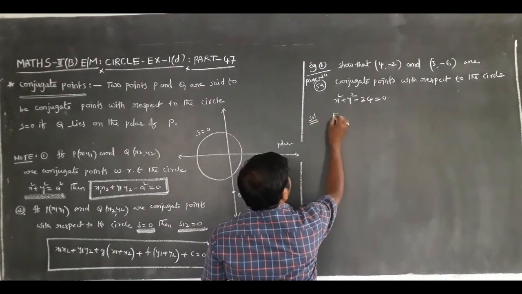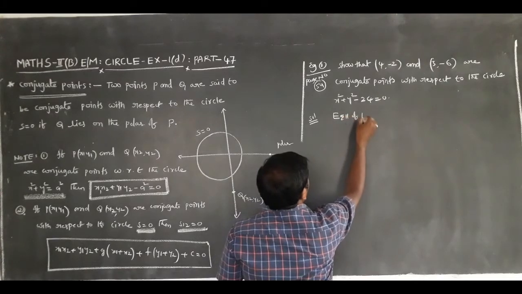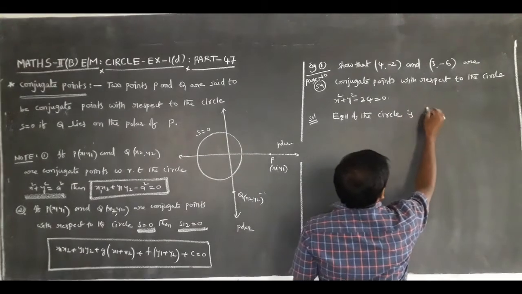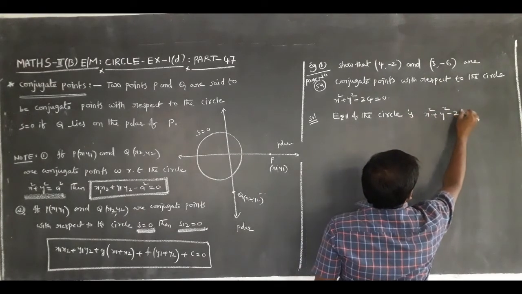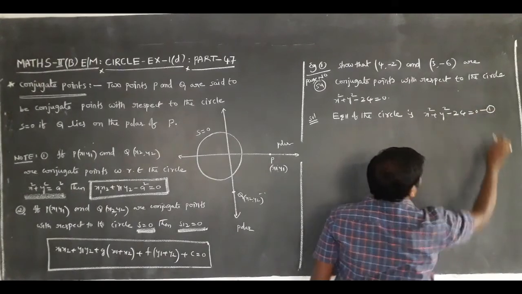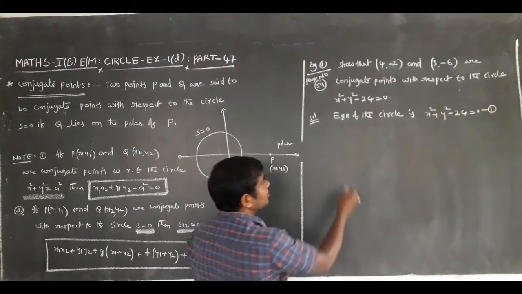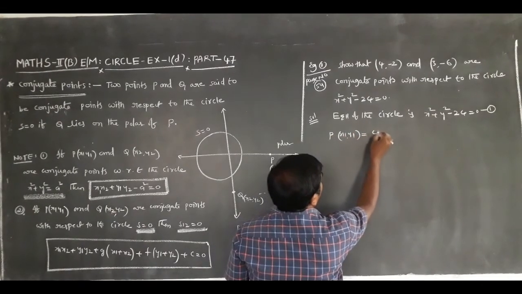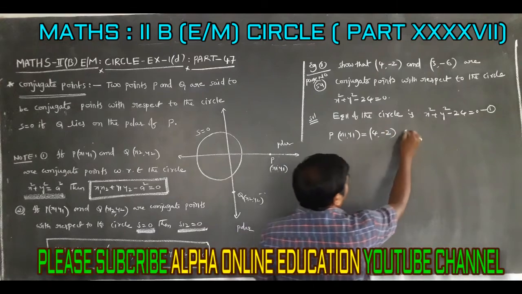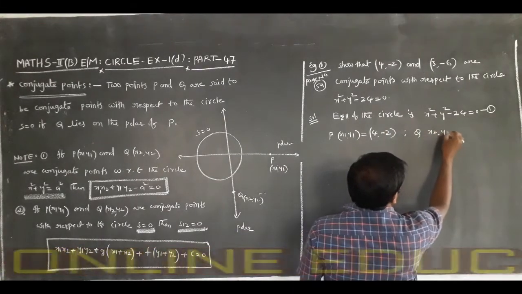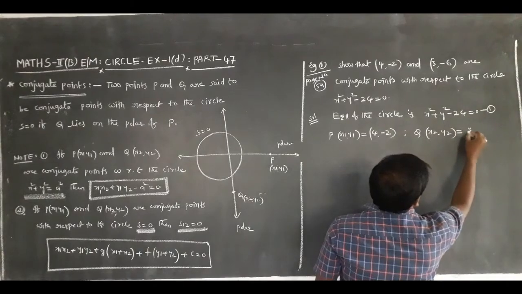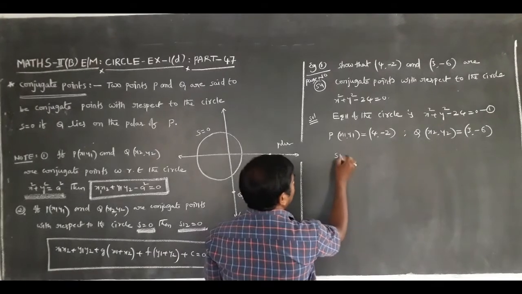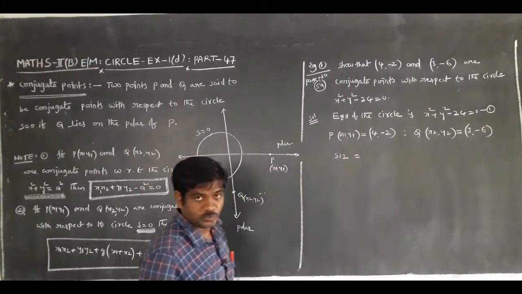Here the given equation of the circle is x² + y² - 24 = 0. Given points: P(x1, y1) = (4, -2) and Q(x2, y2) = (3, -6). Here find the value of S12.